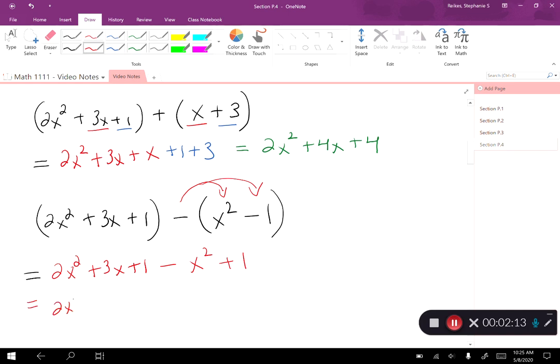So I have 2x squared and minus x squared go together. Just a 3x by itself. And then I have a positive 1 and plus 1 go together. And so all of that put together, I have x squared plus 3x plus 2.